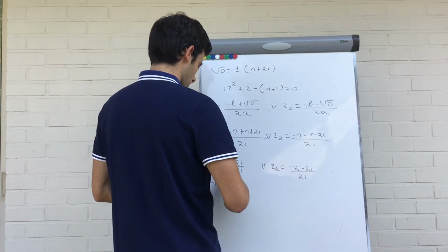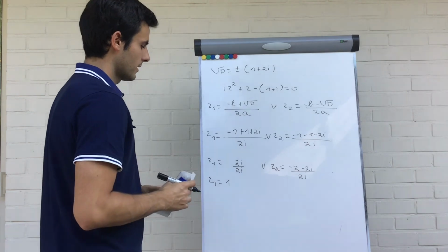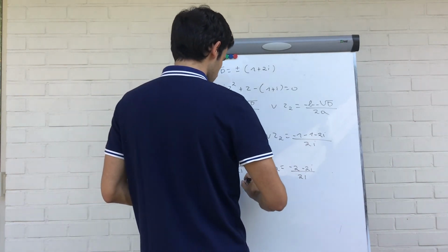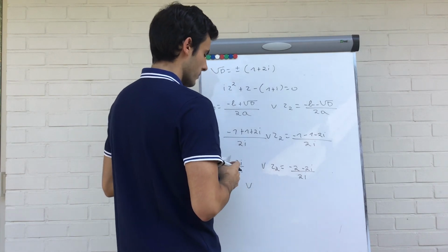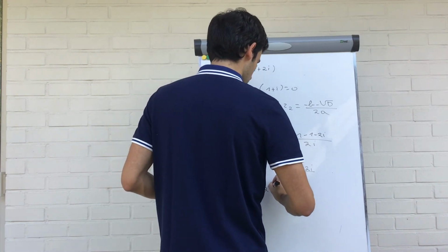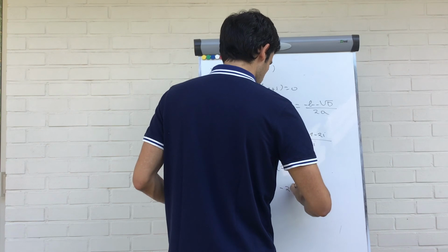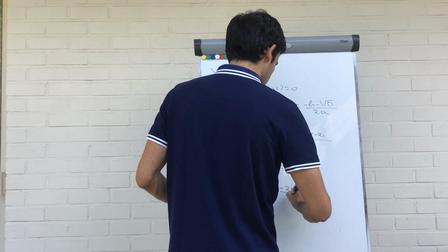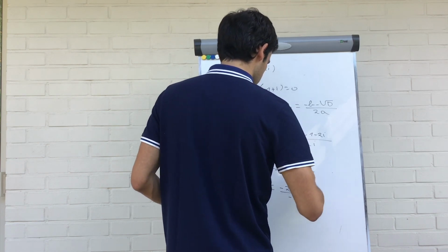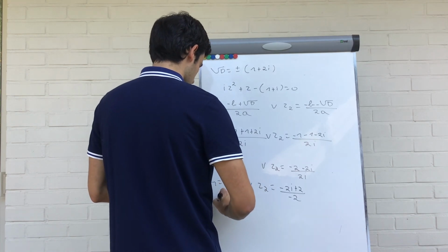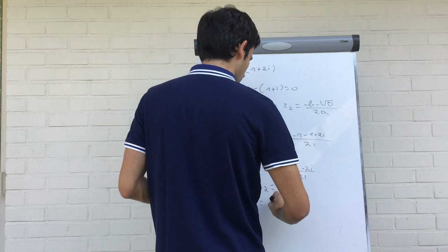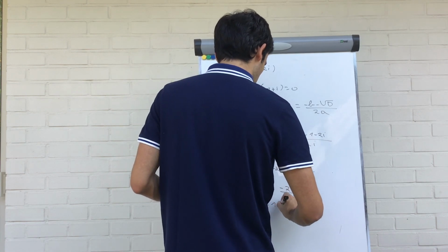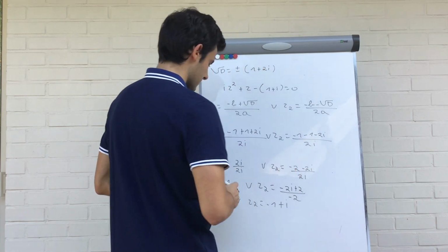So here we get 1, because 2i divided by 2i is 1. Here we're going to multiply the numerator and the denominator with i. So we get minus 2i plus 2 divided by minus 2. So we get z1 is equal to 1, and z2 is equal to minus 1 plus i.